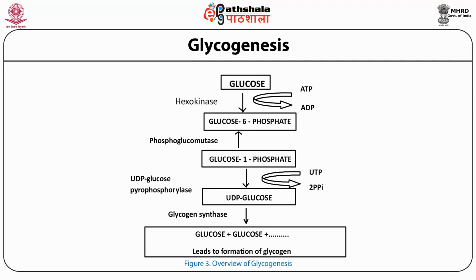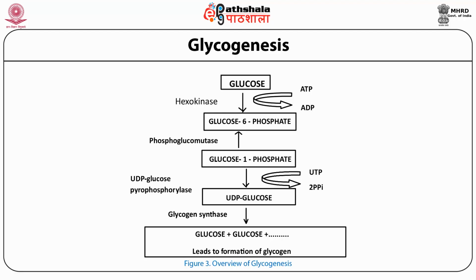It explains the formation of glycogen from glucose. In the synthesis of glycogen, one ATP is required for every glucose unit incorporated into the polymeric branched structure of glycogen.